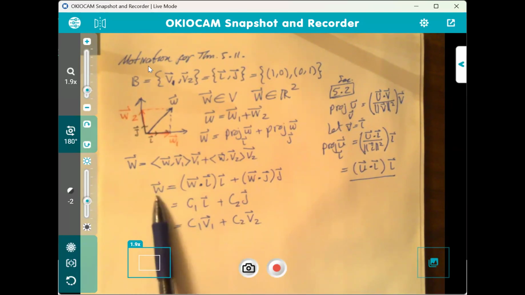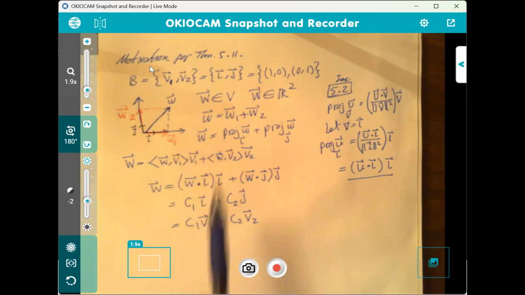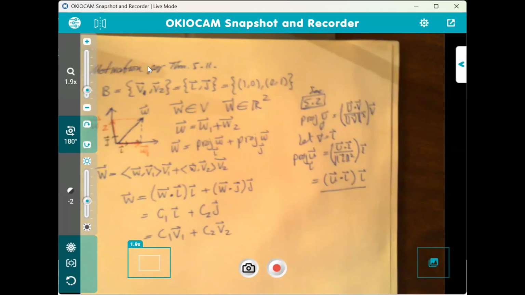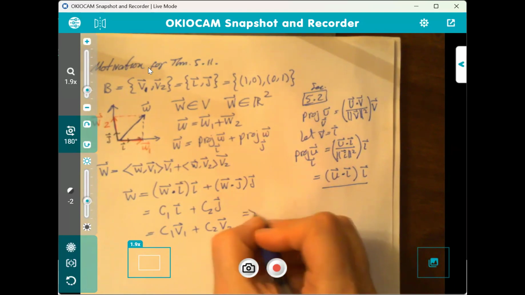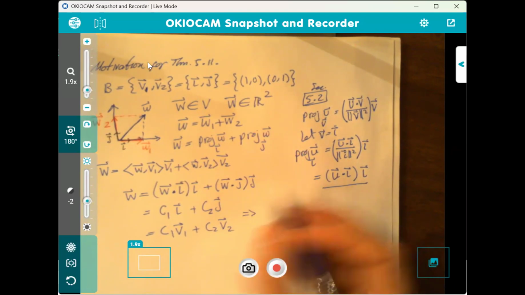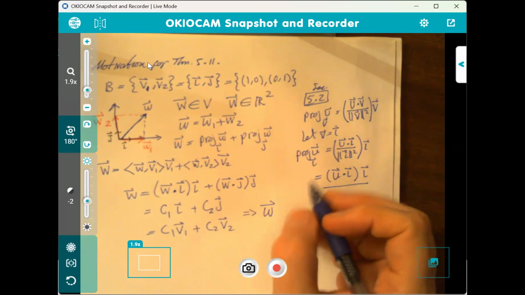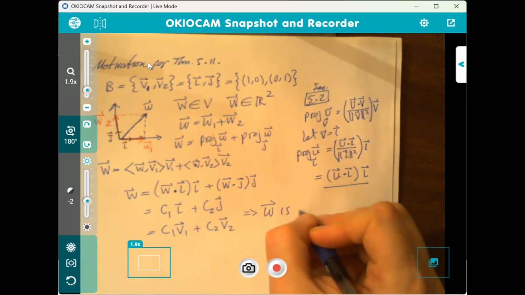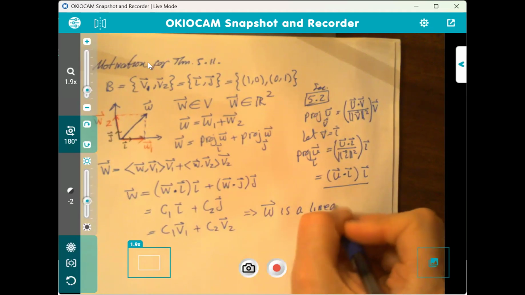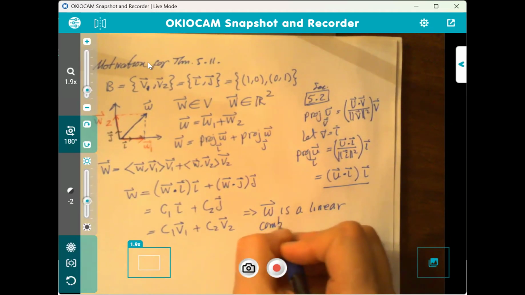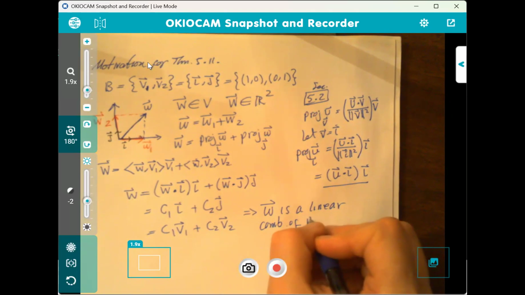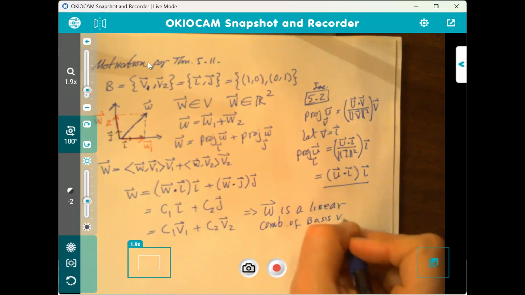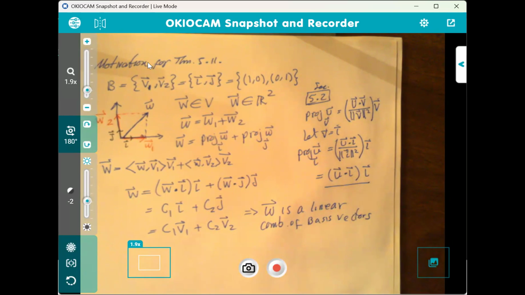So any vector W can be written as a linear combination of the ij vectors. So W is a linear combination of basis vectors.